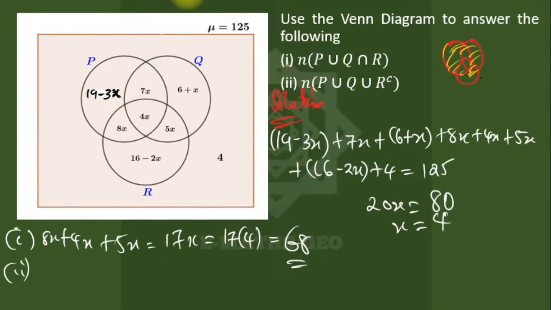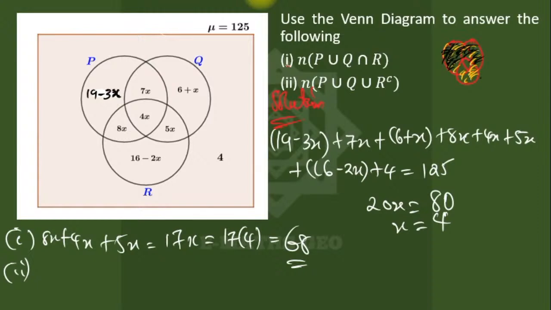But now they ask us to exclude R, that's the complement. So we need to remove anything concerning R here. So removing this, we are left with these ones, the ones in black. So that's what we are left with, excluding the ones that have to do with R.